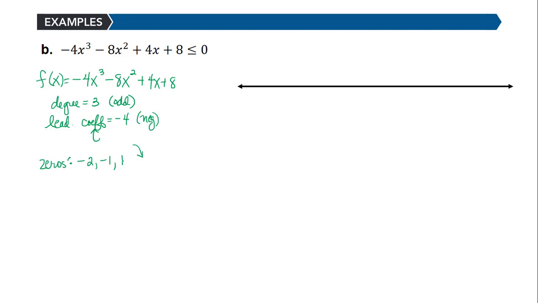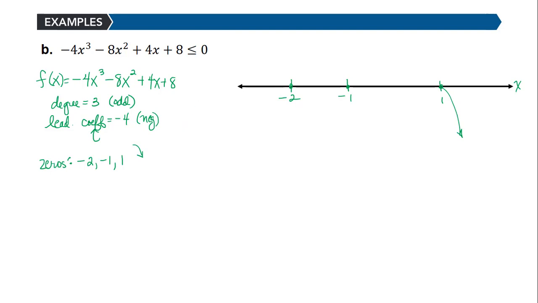So I can use this information to actually solve this problem without touching a calculator. I know that if I place my zeros of negative 2, negative 1, and 1 on my number line, the graph has to go down to the right, which means to the right of this rightmost zero of 1, it's going to go down. And I know that it's going to go up to the left.